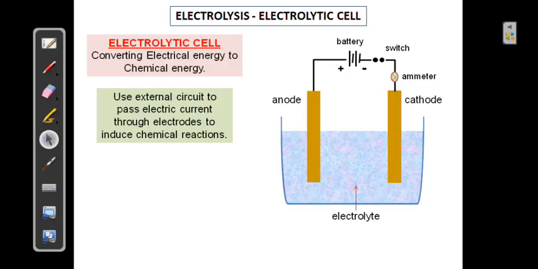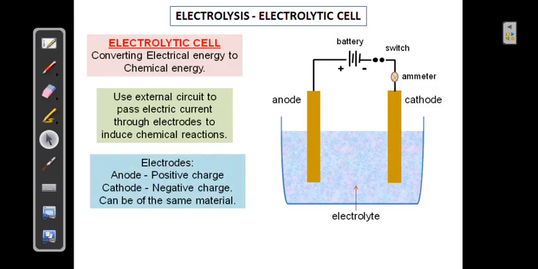And we use an external circuit to pass electric current to the electrodes to induce chemical reactions. The electrodes are the anode and the cathode. The anode is the positive charge electrode, while the cathode is a negative charge electrode. These electrodes can be of the same material.